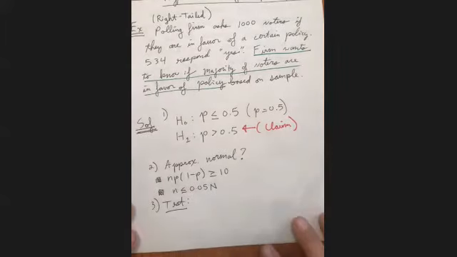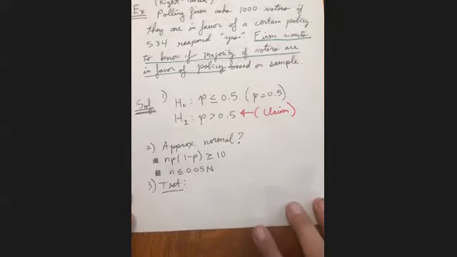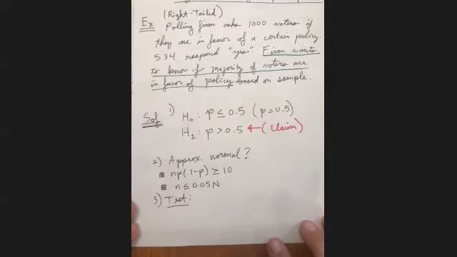First steps. The next step for the population proportion problems is to identify whether or not our sample distribution is approximately normal.